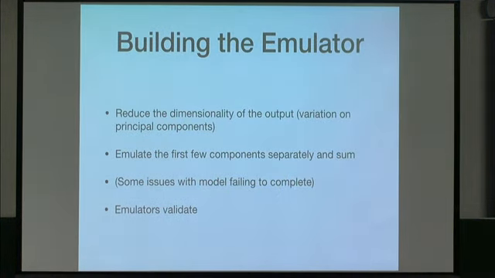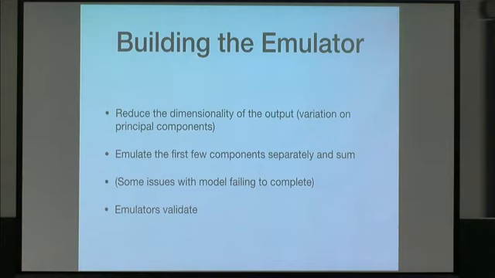So to build the emulator, the first thing we have to do is something I've not talked about before. We have to reduce the dimensionality of the output, and we use a clever variation on principal components, and we can talk about that later if you want. You probably want to talk to Danny Williamson, who's at the back, because he and his student worked this out.